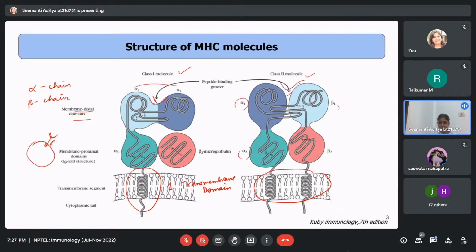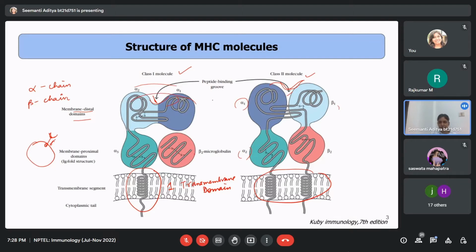Now this peptide binding cleft, this region of your MHC molecules, needs to be highly variable, because it has to recognize a lot of antigens. Antigens, not peptides, to be specific. So accordingly, these regions are very variable.